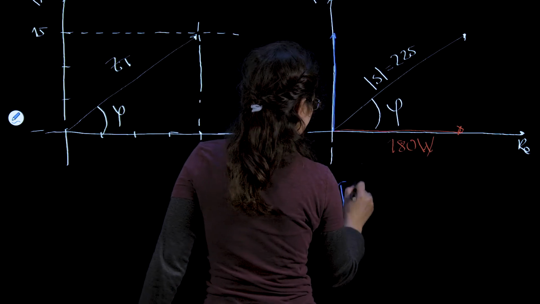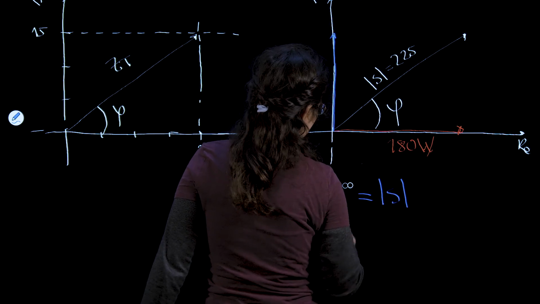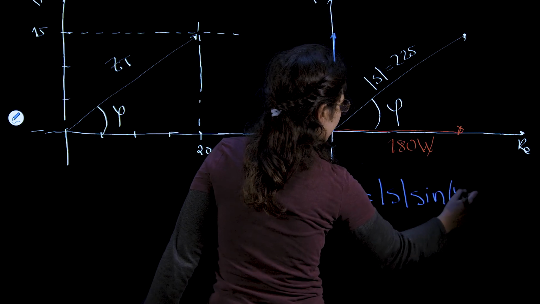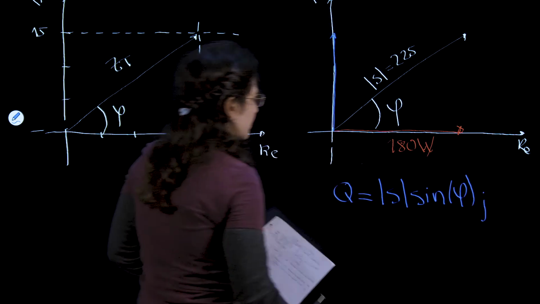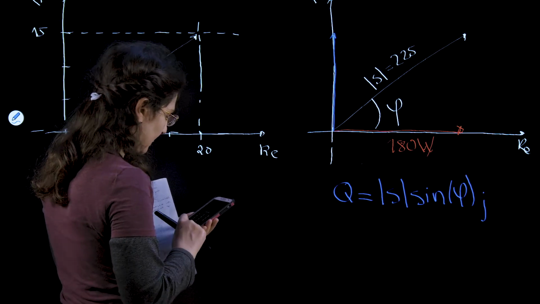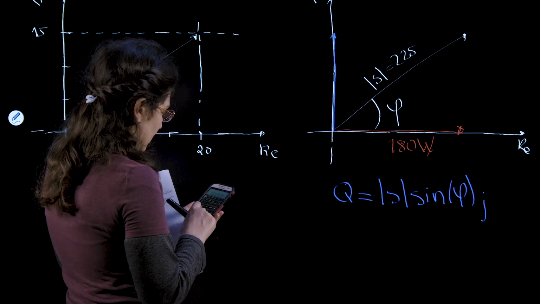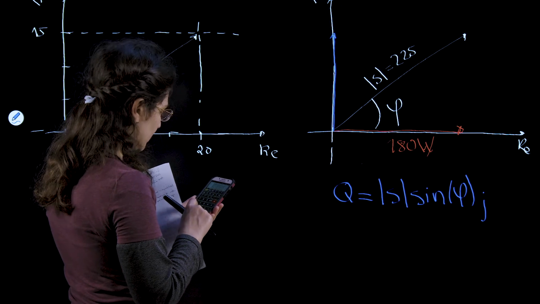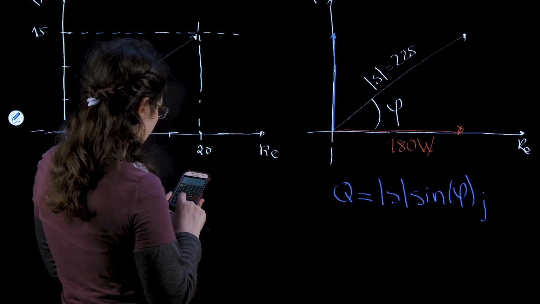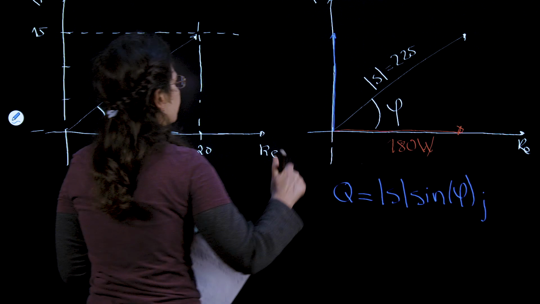So Q would be the magnitude of S times sine of phi, and that's going to be 225 times sine of 37 degrees, which is 135.